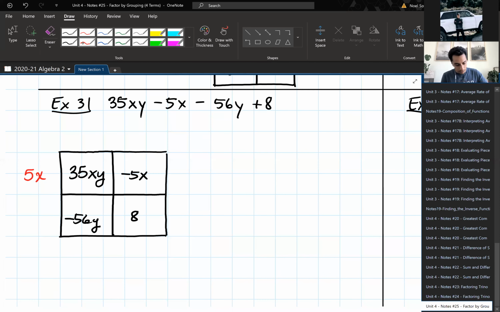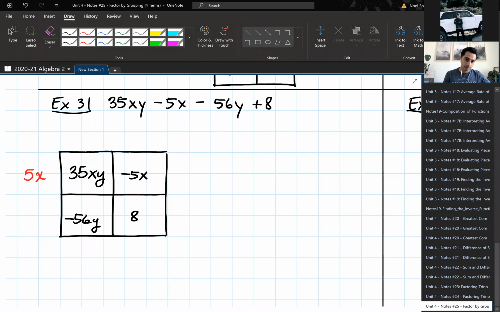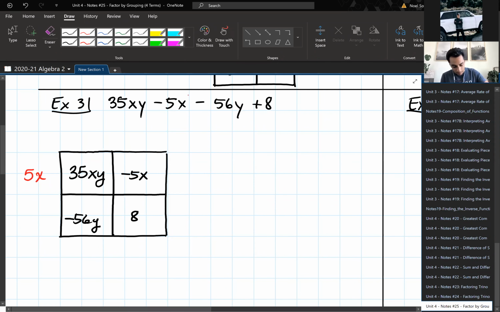Okay, let's see if you guys remember this from last time. Bottom row, negative 56y, positive 8. Why do we factor out a negative? Which one is considered my leading term? Yeah, exactly. The leading term for the bottom row is negative 56y, right? It would be the same thing as if we did the traditional method and we cut the group after 5x, right?